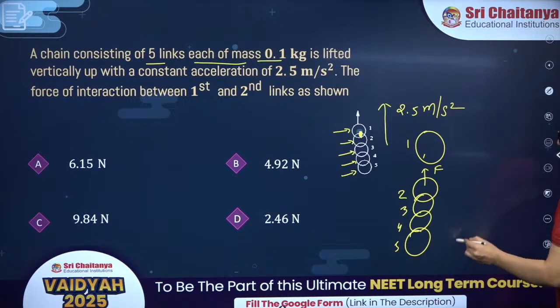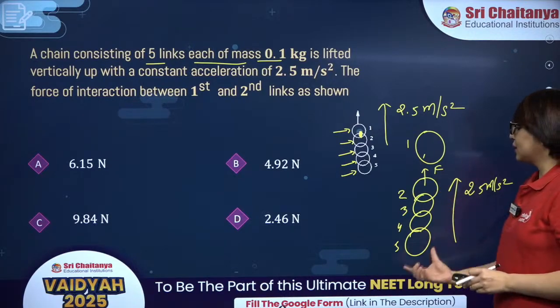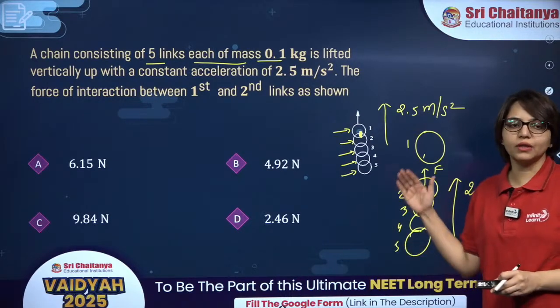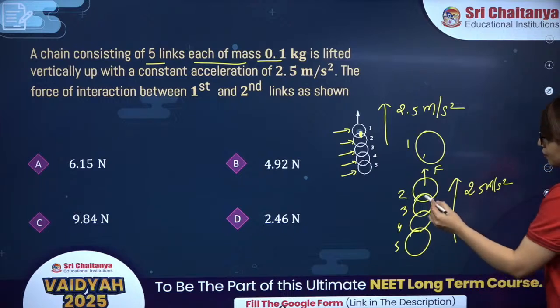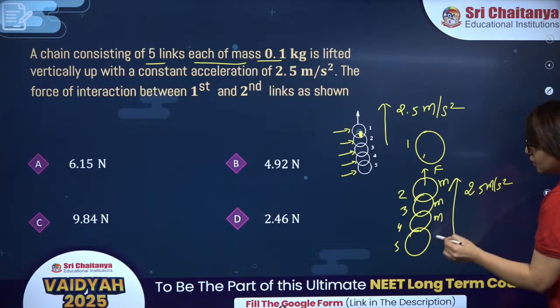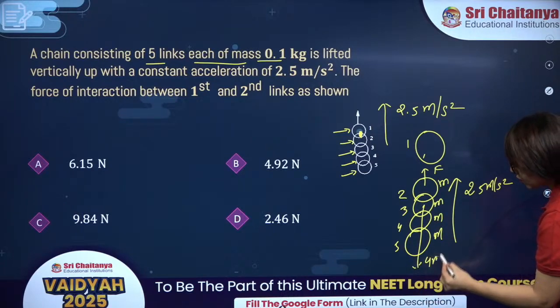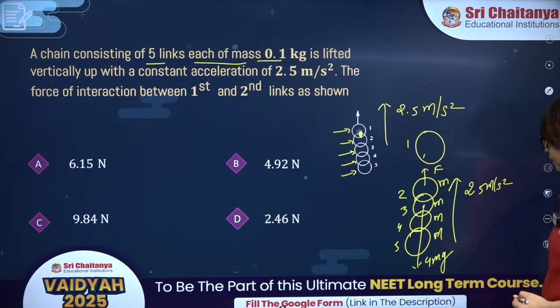So this portion is also moving with 2.5 meter per second square, and at the same time this is being pulled down with the help of gravity. So we have, let's say, m is the mass of each link over here. So gravity is pulling this entire portion with 4 mg in the downward direction, right?